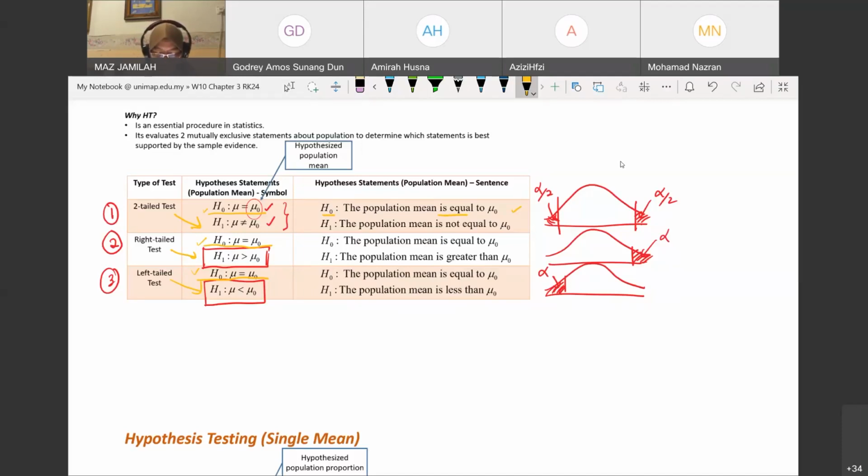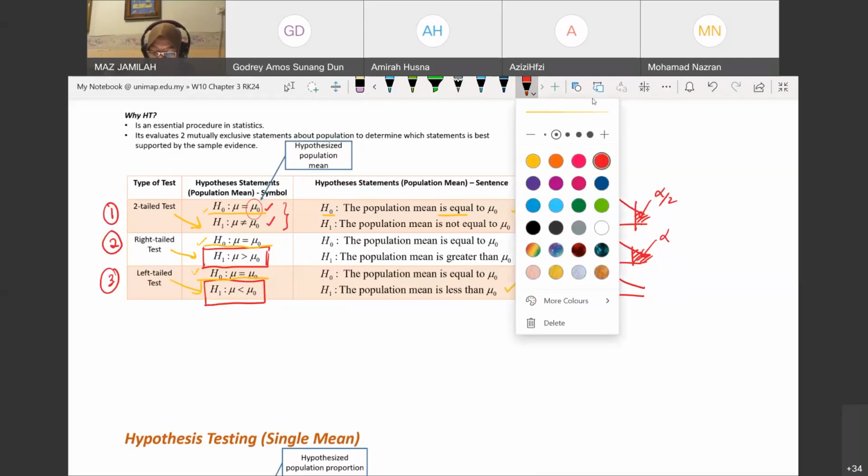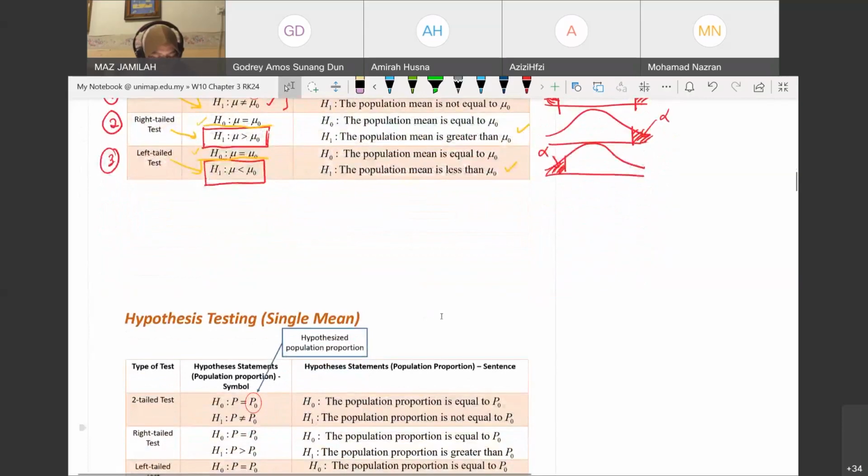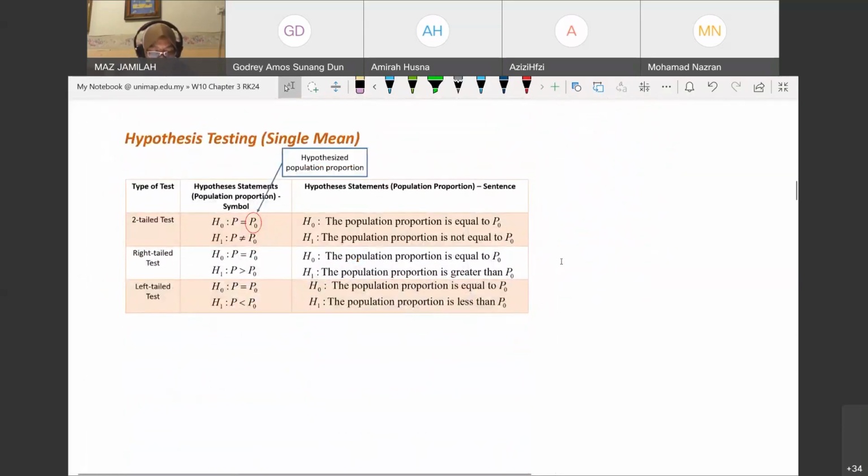And if you have a right tail or left tail, you will have this kind of hypothesis statement. Remember, the mu naught will always equal the hypothesized population mean, which is investigated in your analysis. Okay, what about proportion?